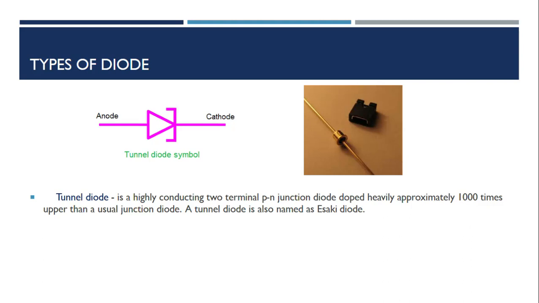It is named after Esaki, who is a Nobel Prize winner in physics for discovering the electron tunneling effect employed in diodes. The diode exhibits a phenomenon known as negative resistance. This type of diode is also used for oscillators and amplifiers.